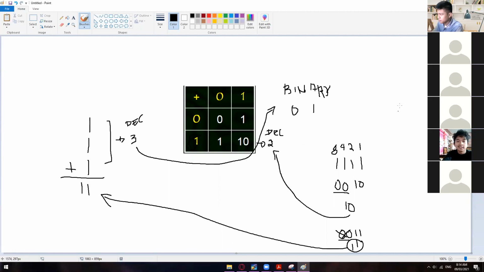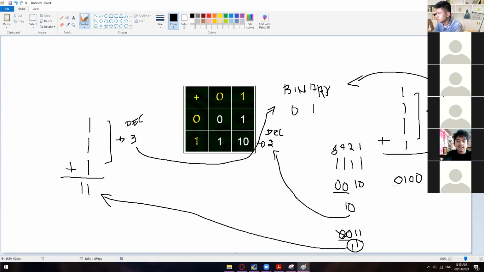Anyway, how about if we have four ones? 1 plus 1 plus 1 plus 1. In decimal, this is equal to 4. Then again, we have to represent this 4 in binary, in 4 bits. So 0, 1, 0, 0. You have to activate the 4, and the rest are deactivated.